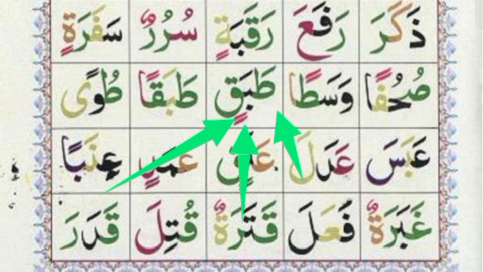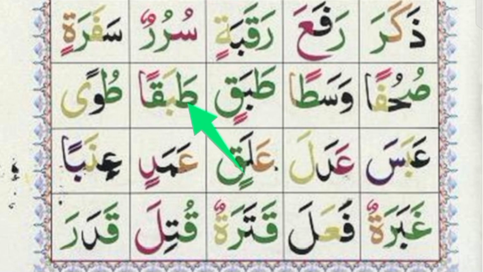Ta fatha ta, ba fatha ba, taba, qaf double fatha qan, tabaqan. If you stay, tabaqa, tabaqa. There is alif at the end, so you will stretch it.